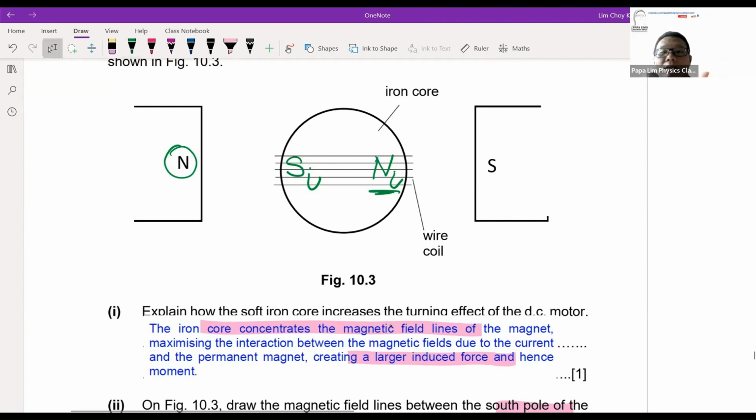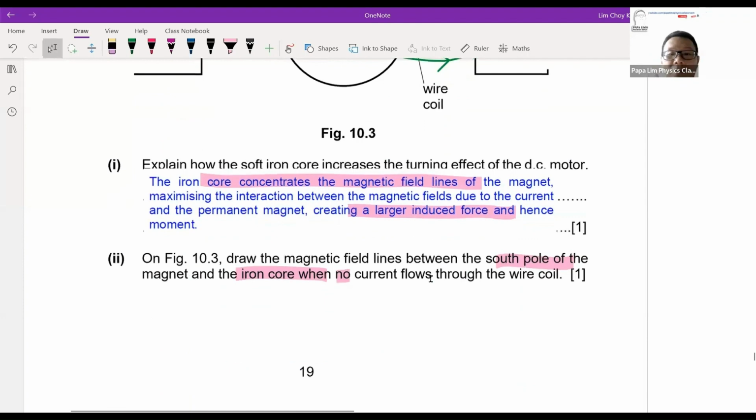So here I will have a typical north pole, south pole magnetic field line. These will be the field lines experienced between the iron core and the south pole itself. So this will be the answer that is given.